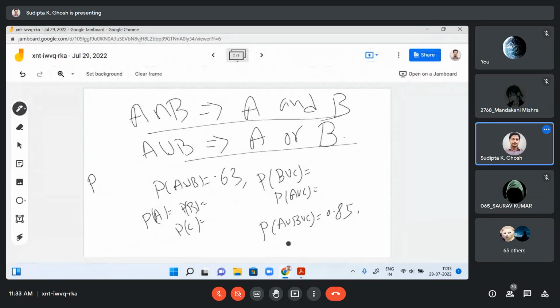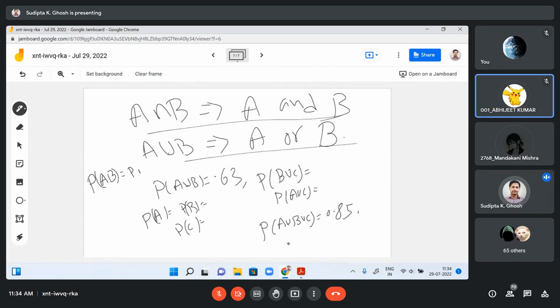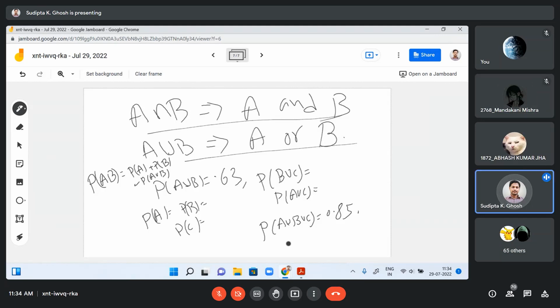By the formula: probability of A plus probability of B minus probability of A union B. A, B and A union B are all known to us. You just add these two things and minus 0.63, and you have the number for A intersection B.